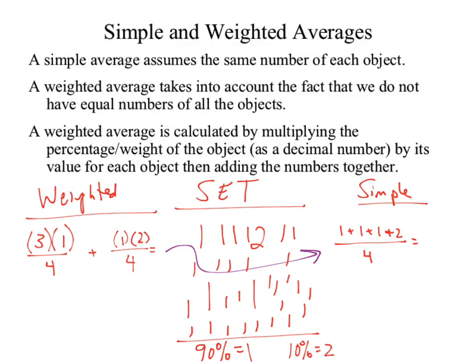Actually, it does. 3/4 and 1/4. 3/4 is really 0.75 times 1 plus 1/4, 0.25 times 2.